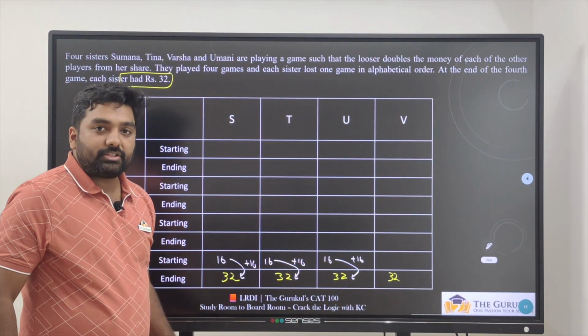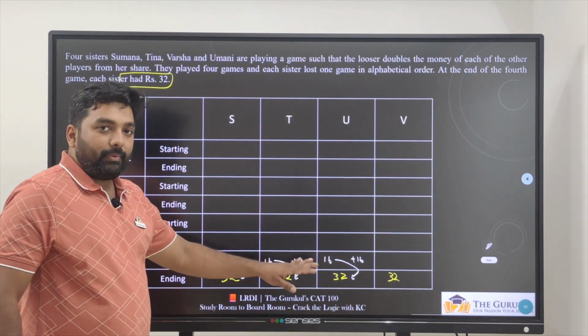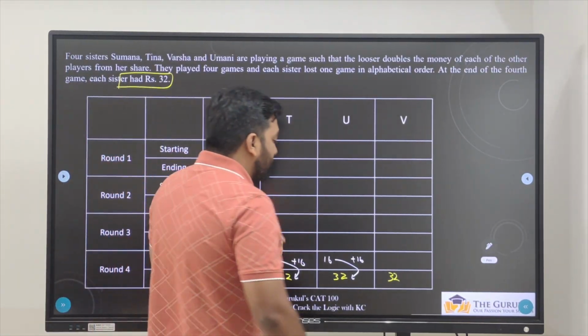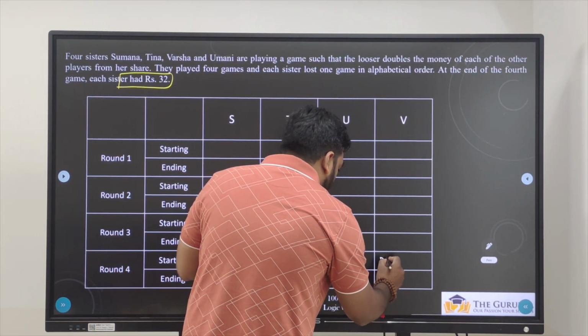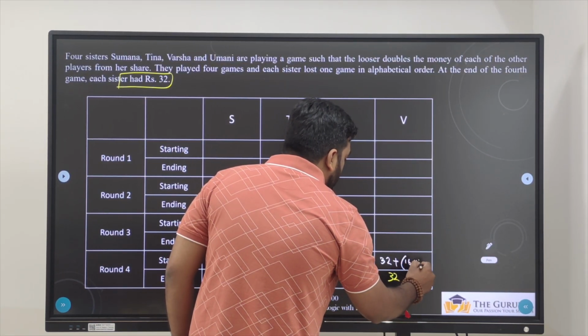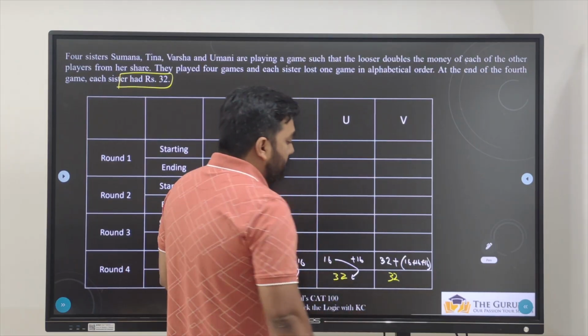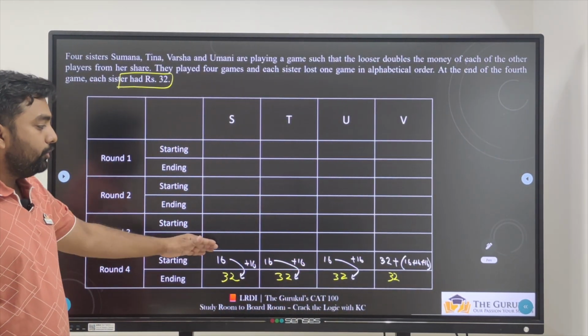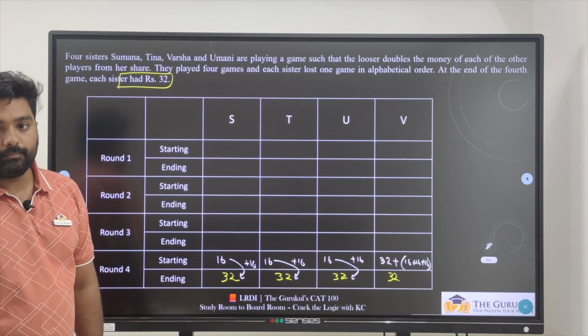Now where are these plus 16s coming from? All these 3 plus 16s are coming from V's value. So V is having 32 plus 16 plus 16 plus 16, which are given to other people to make their amounts double.